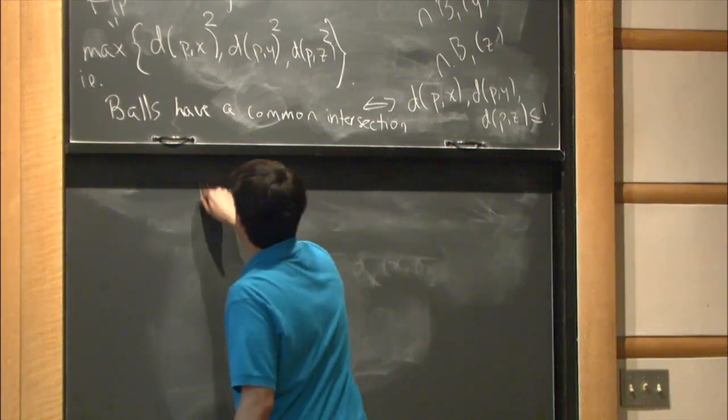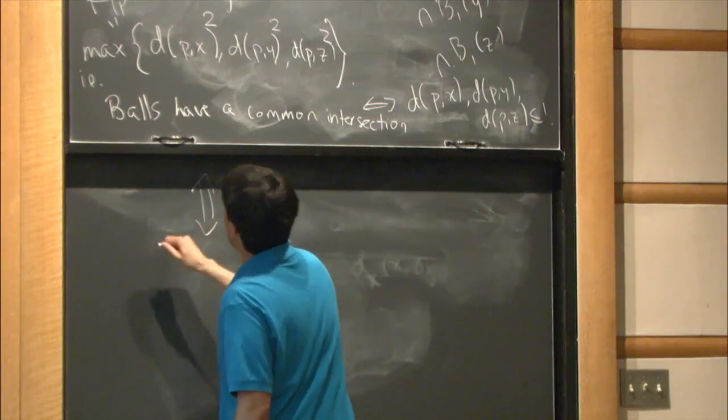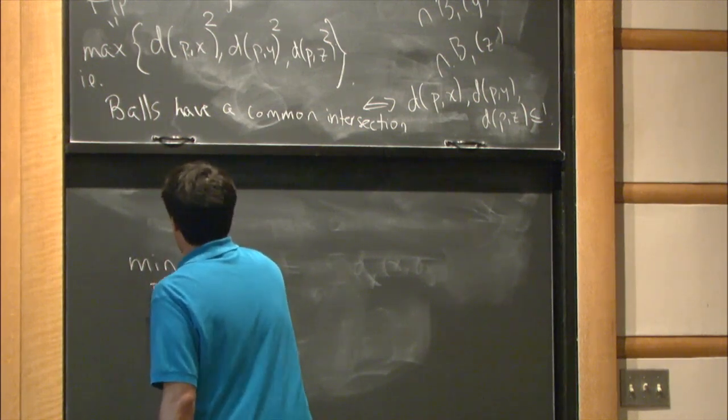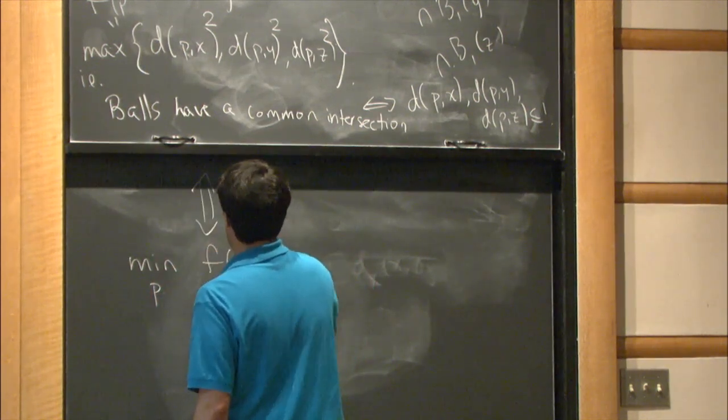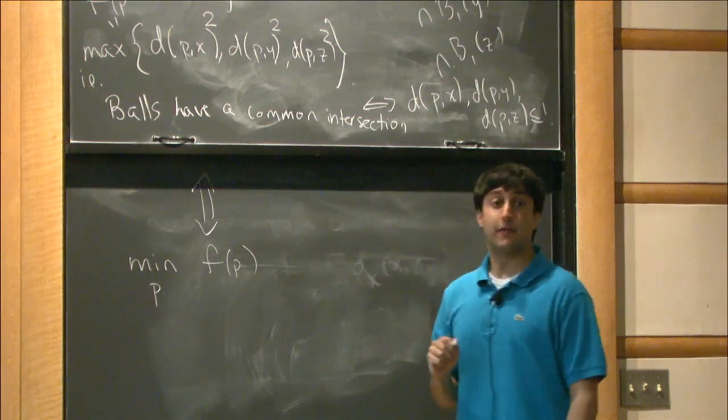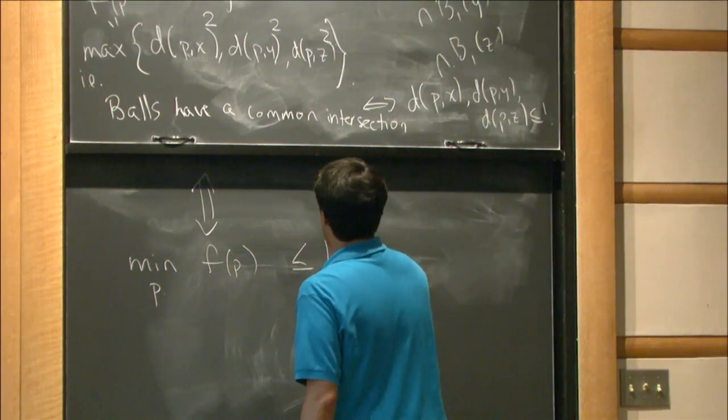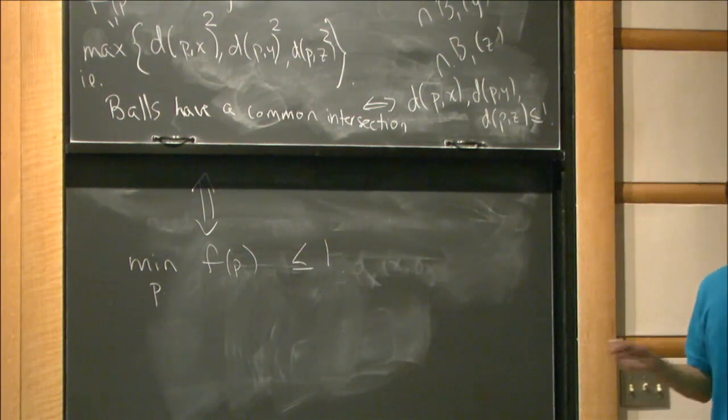They have a common intersection point if and only if the minimum value over all P of the function f of P is less than or equal to 1.